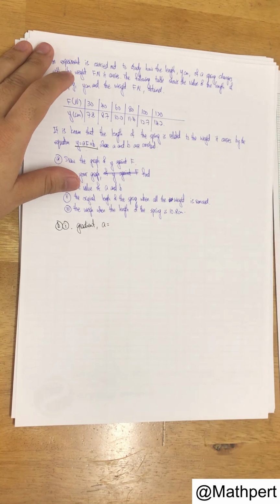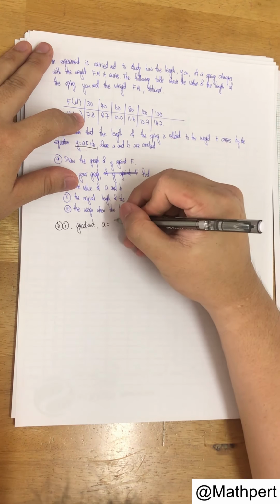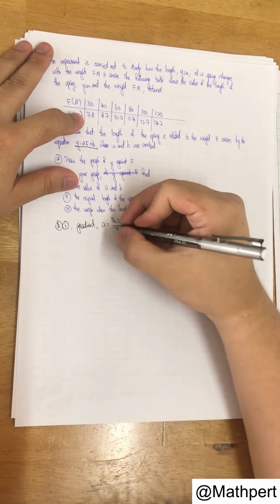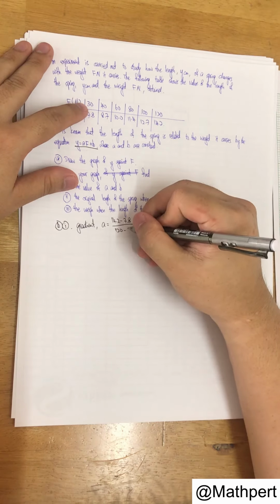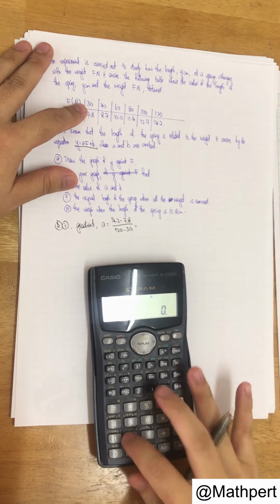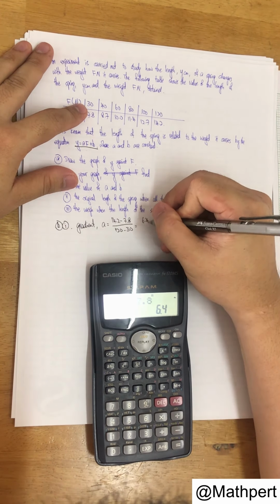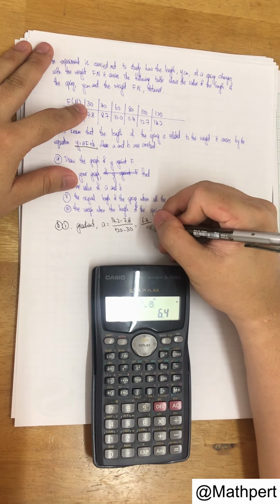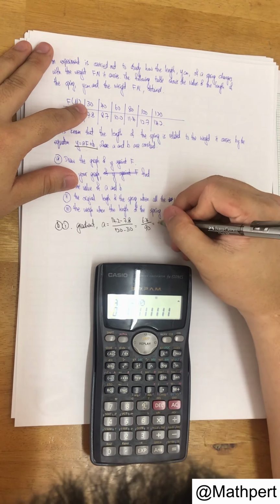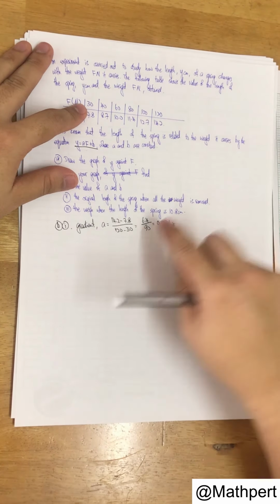The y-axis is 14.2 minus 7.8 divided by 120 minus 30. How much do we get? 14.2 minus 7.8, we get 6.4. 120 minus 30, we get 90. So 6.4 divided by 90, we get 0.071. So A is 0.071.